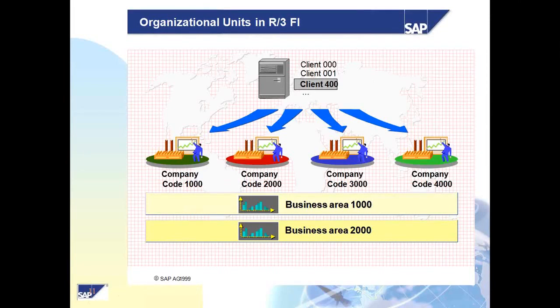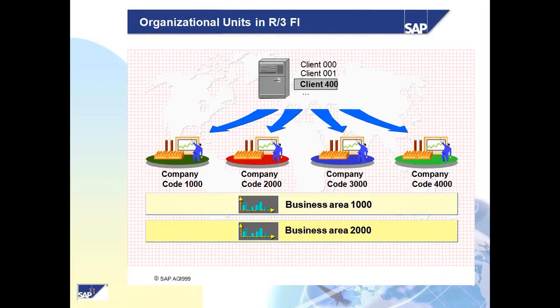Similarly, there is a business area. For example, 1000 is my business area and 2000 is another business area. So these are the FI organization units. The company code is mandatory, whereas the business area is optional. Whenever I want separate region-wise financial statements, then we can go ahead with the business area.